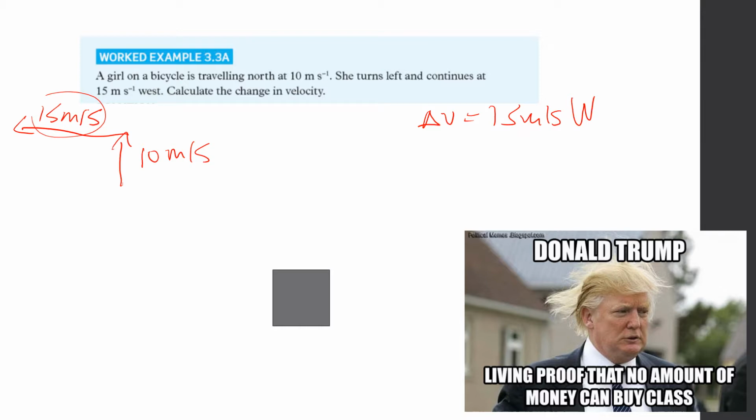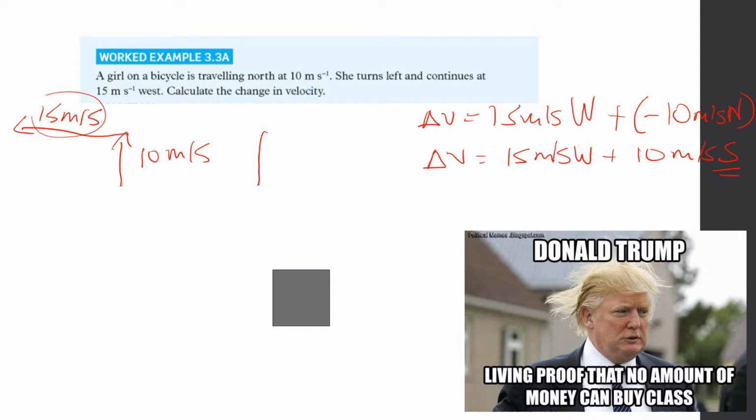Instead of subtracting, we're going to say plus minus 10 meters per second north. If we resolve that, that gives us delta V equals 15 meters per second west plus 10 meters per second south.